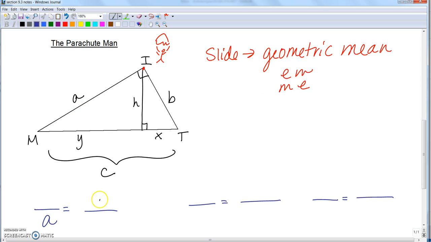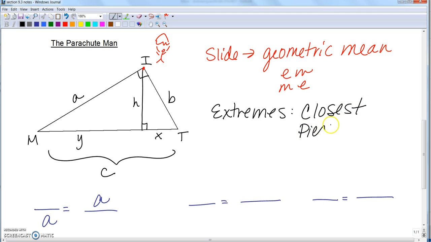So A on the bottom left, A on the top right, okay? Now, if the slide is the geometric mean, the extremes are the closest piece and the whole hypotenuse.